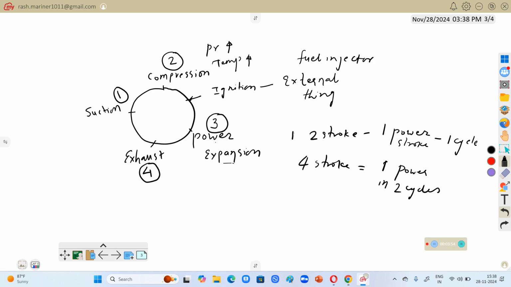First of all, we will know how the piston, liner, and connecting rod are connected. I will show you a general diagram, and after that I will explain the difference between the four-stroke engine and the two-stroke engine, and what questions come for them in the exam.